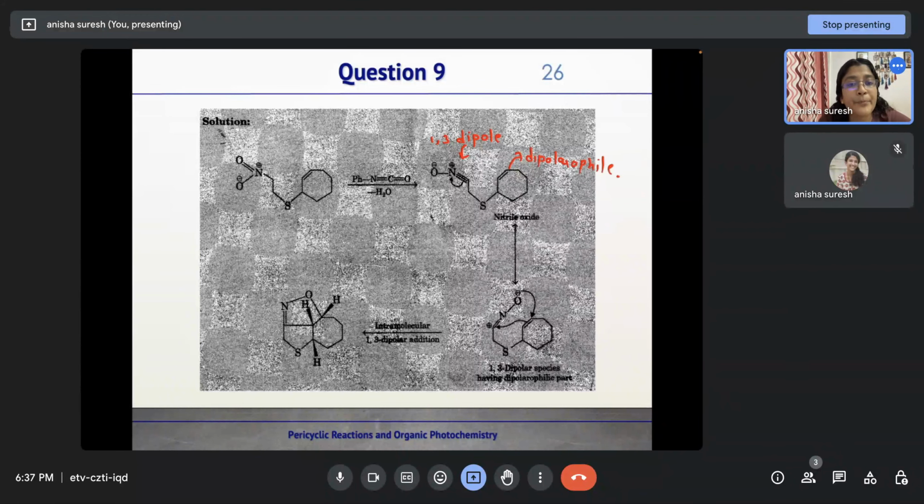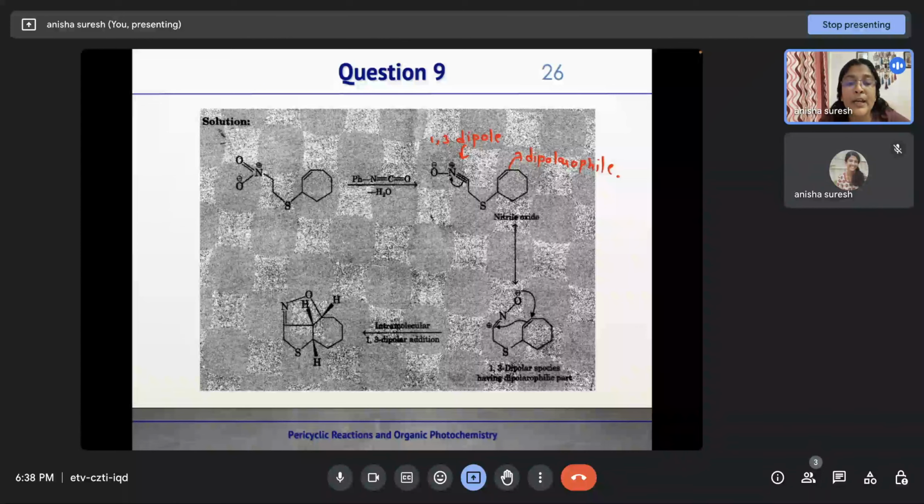So this dipole will add on to this dipolarophile in this fashion, leading to formation of this adduct.